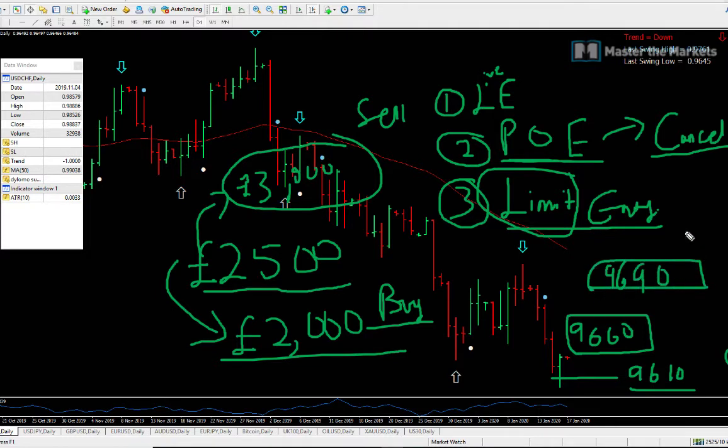This one over here, which we went through, is a buy stop or a sell stop. That's a pending order. Now, the buy stop or the sell stop basically means a worse price, because think about it, I am buying more expensive than 96.48, isn't it?